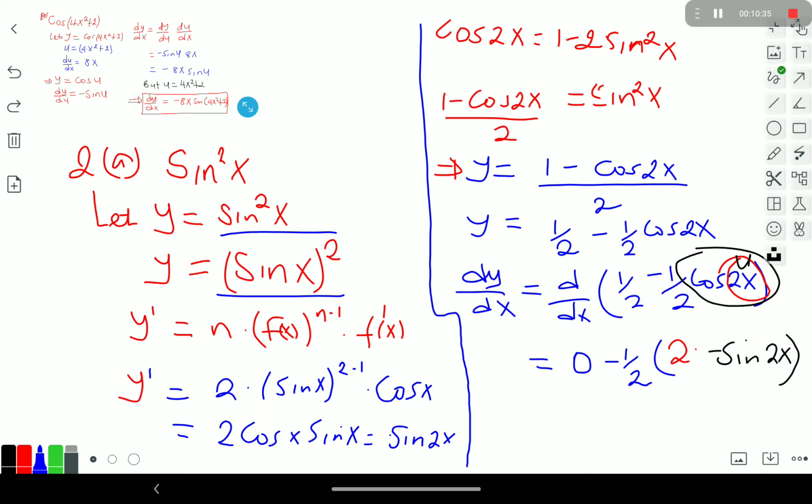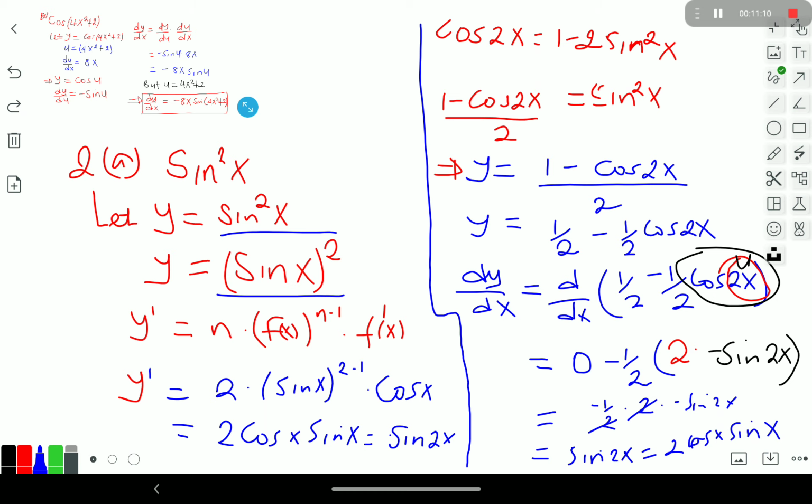Then we multiply that into minus 1 over 2, times 2 times minus sin 2x. The 2 cancels and we get positive sin 2x, which is the same as what we got previously, 2 cos x sin x. So that is the solution for that.